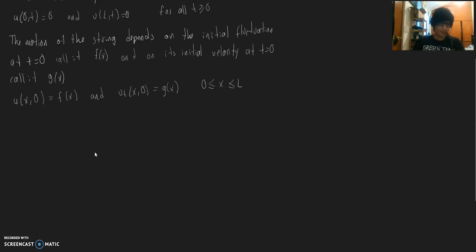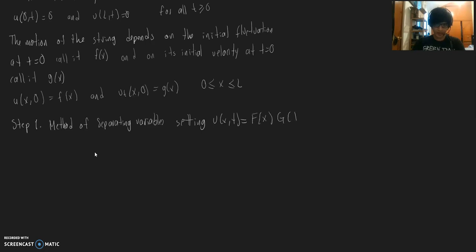So we can then define some steps in order to establish the modeling of the vibrating string. Step 1 is called the method of separating variables, by setting u depending on x and t equal to the product of two different functions, one f of x and g of t, one depending on x and one depending on t.